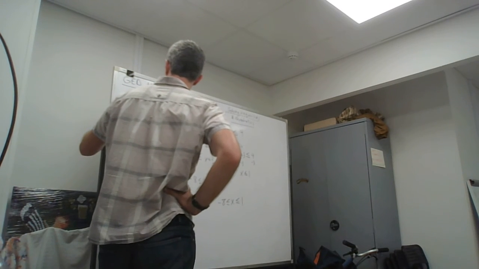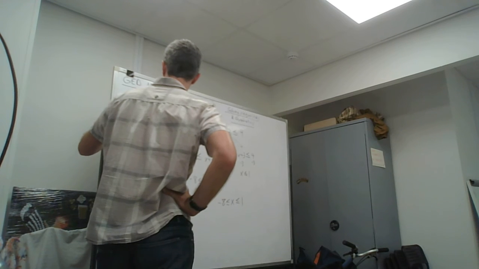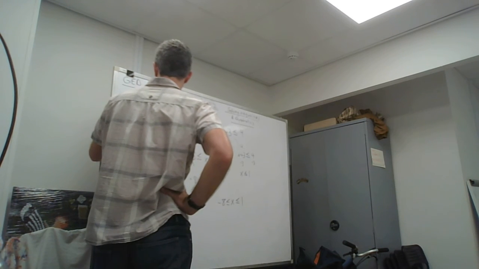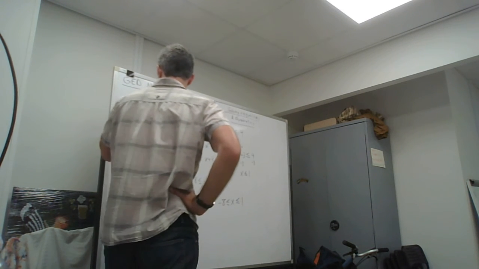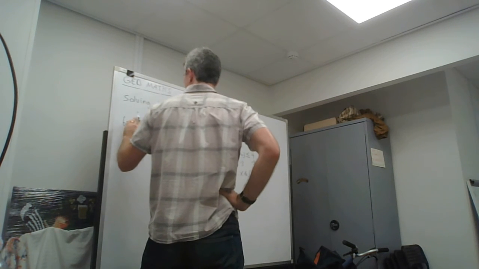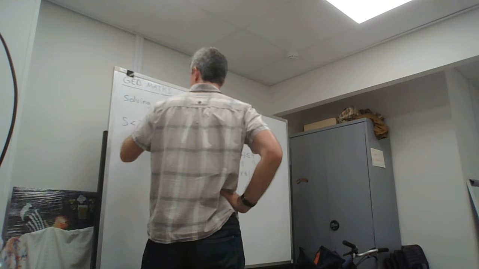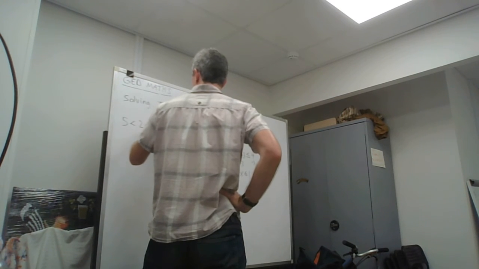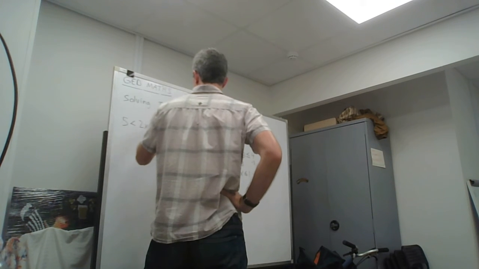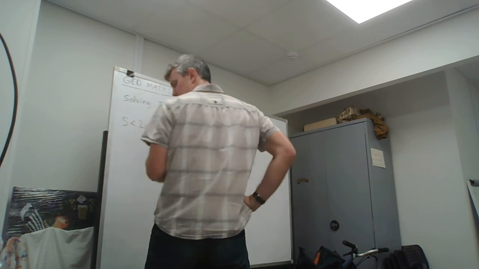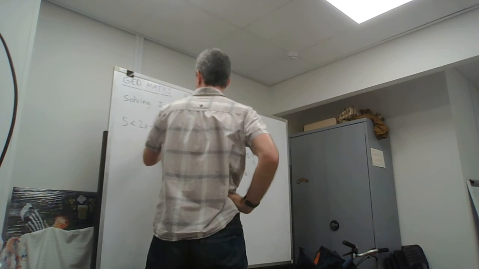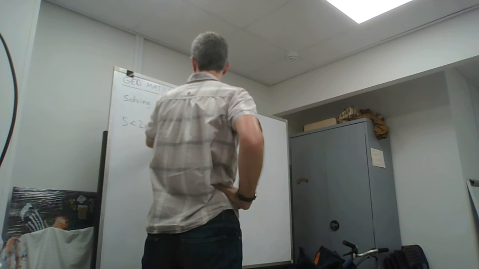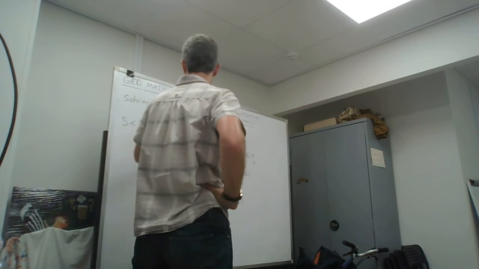Let's say we have, let's not do 2, let's do 5 is less than 2x minus 1, which is less than or equal to x plus 7.